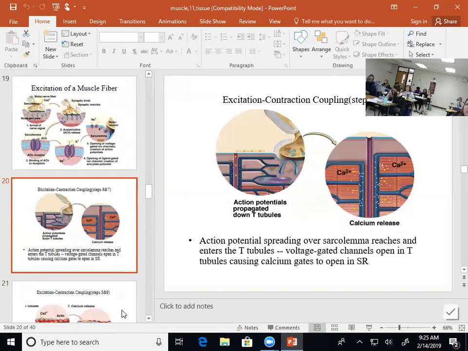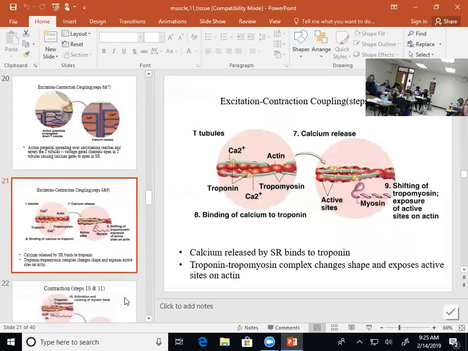That action potential, when the shock gets sent, what's the reticulum going to do? Release what? Calcium. Calcium's going to flood into these areas that have the actin and myosin sitting there. And you all told me that then the calcium's going to act on the what?